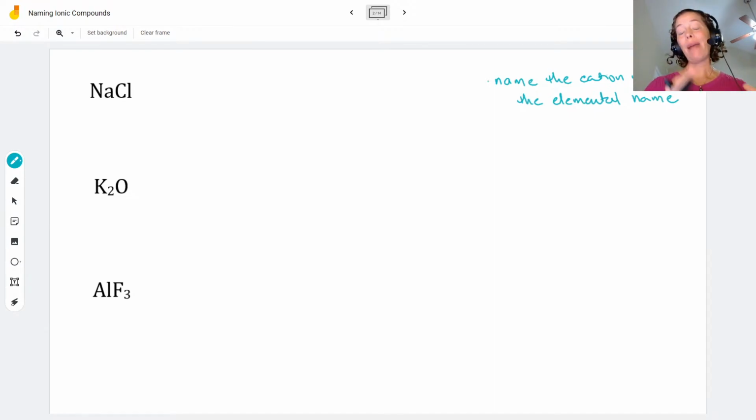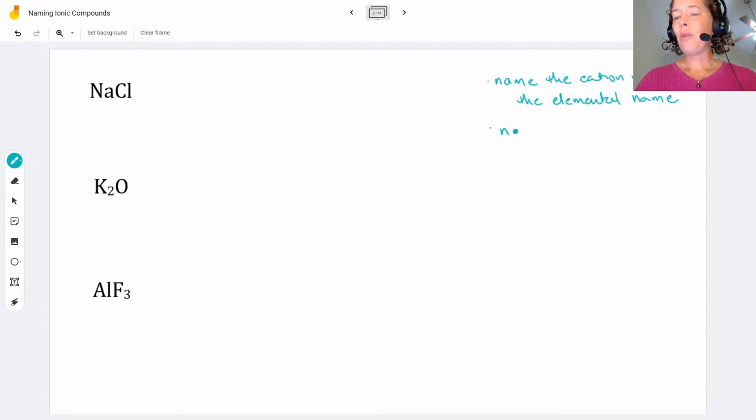Okay. So once we name our cation, then we're going to go to our anion. Remember, your anion is your negatively charged ion. It is written after the cation. So for our anion, we are going to take the elemental name and change the ending to IDE.